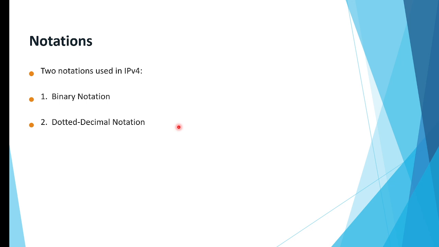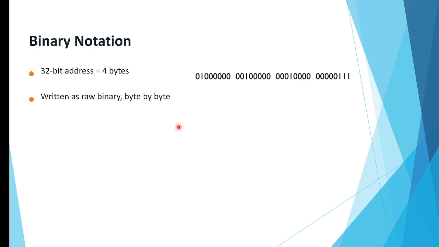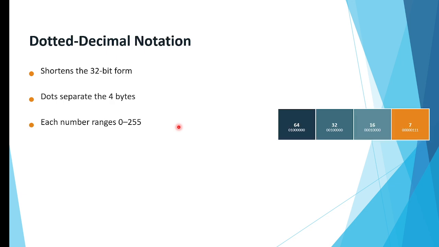IPv4 uses the two types of notation. One is the binary notation, another one is the dotted decimal notation. Binary notation is a 32-bit address, equivalent to the 4 bytes. It is written as raw binary data, like zeros and ones.